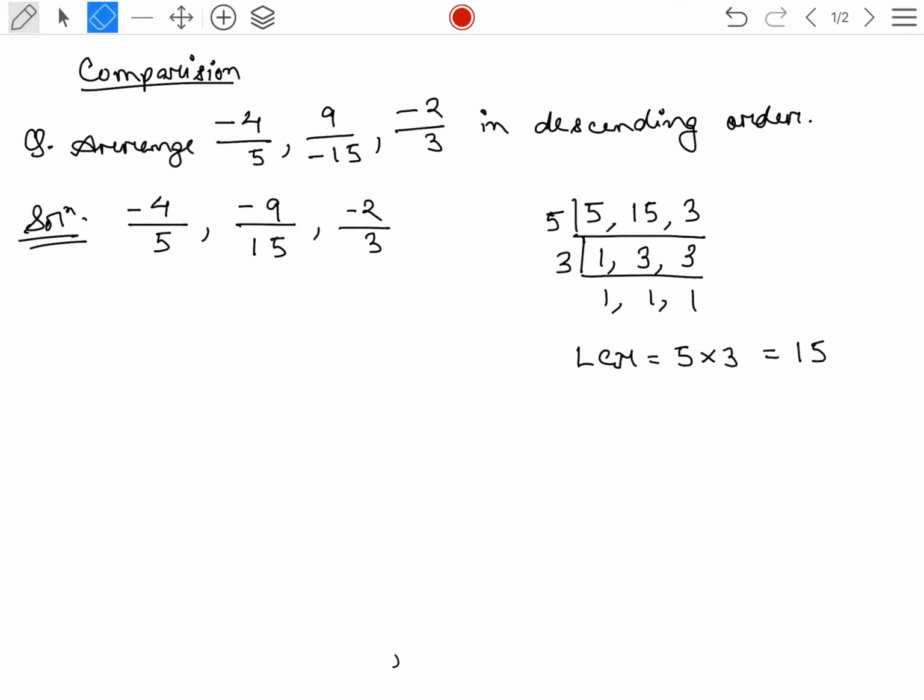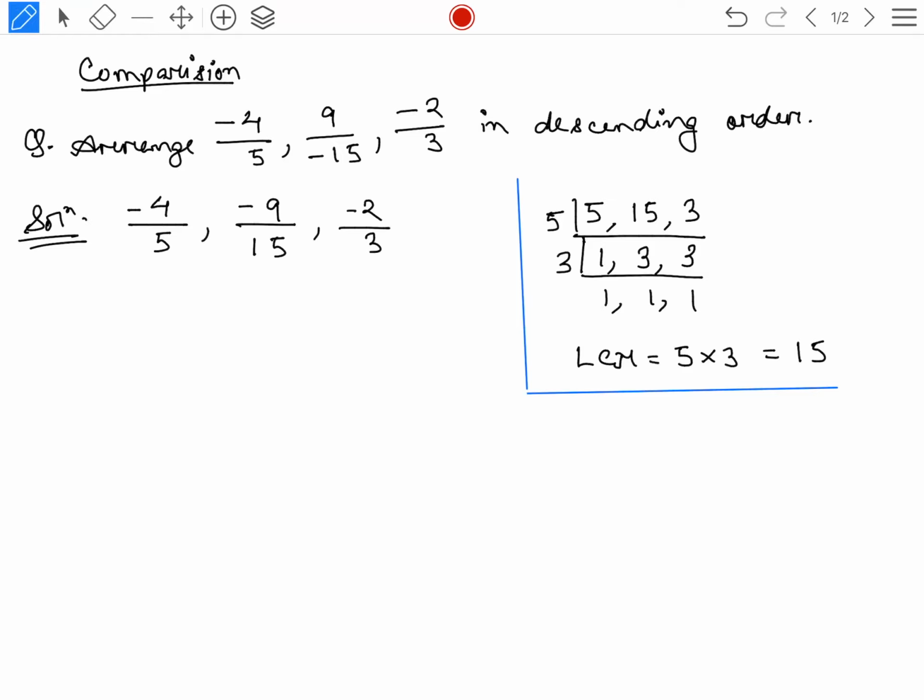Now we'll make, wait, let me divide. Okay, see, now that 15 would be taken as a common denominator. That means I have to make the three terms -4/5, -9/15, -2/3.